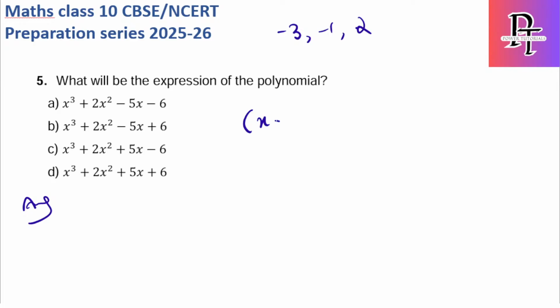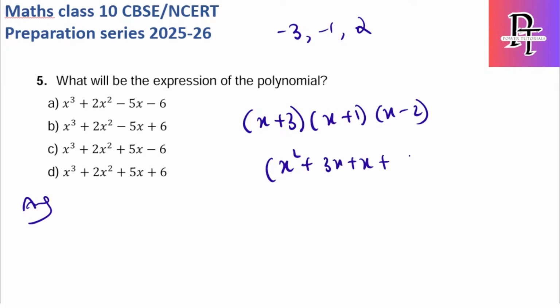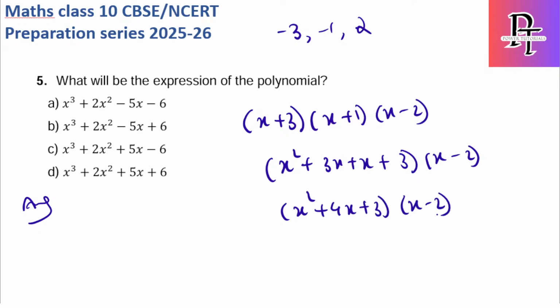It becomes x plus 3 into x plus 1 into x minus 2 I have to do. So this becomes x square plus 3x plus x plus 3 into x minus 2. So this becomes x square plus 4x plus 3 into x minus 2.